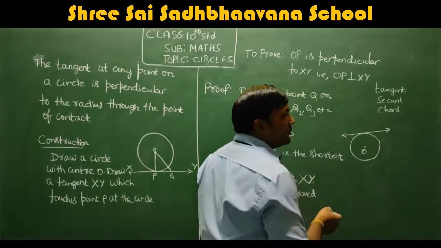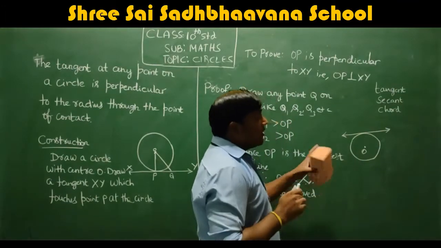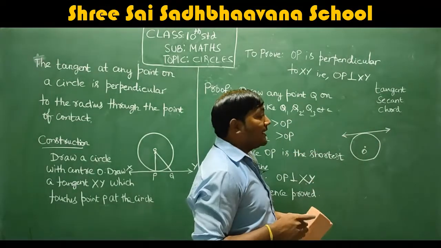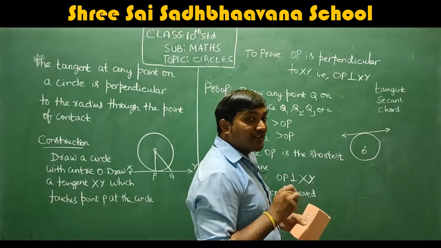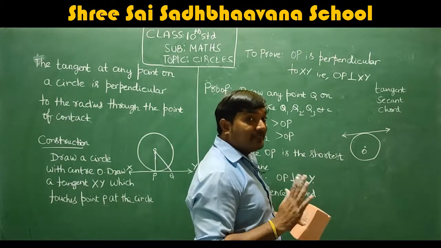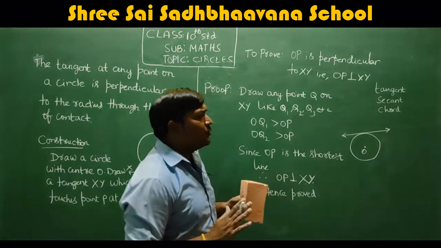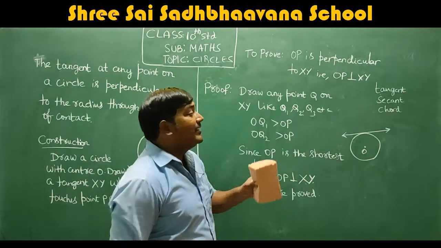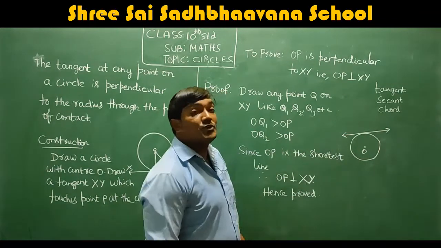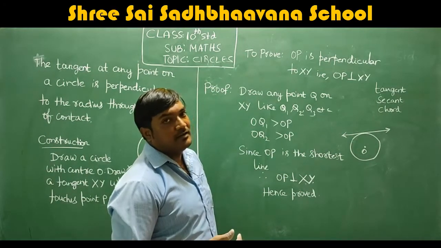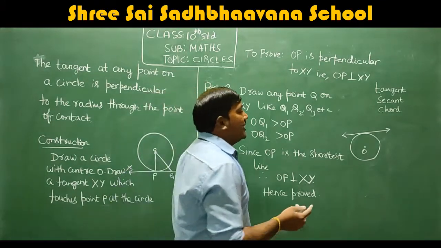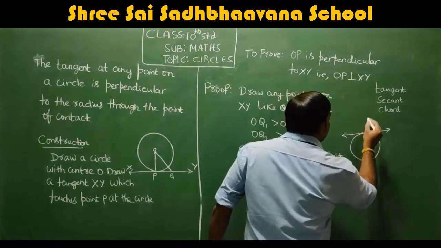What is the difference between chord and the tangent? You can observe that the line is touching the circle. It is not intersecting the circle. Very, very important thing you should keep in your mind: the tangent will never intersect the circle. Understood? It only touches the circle.